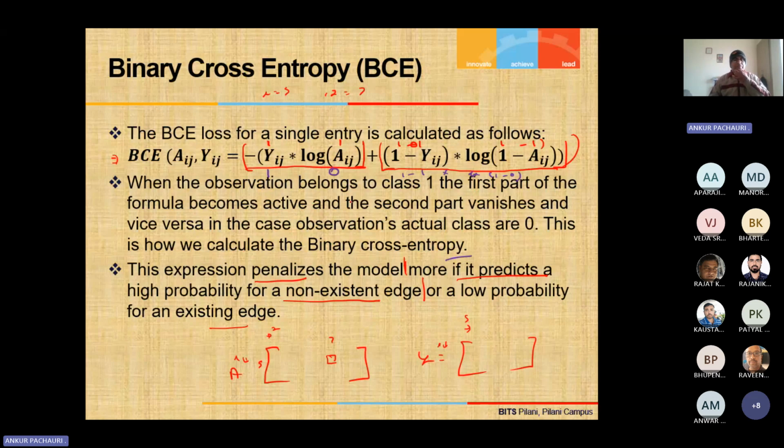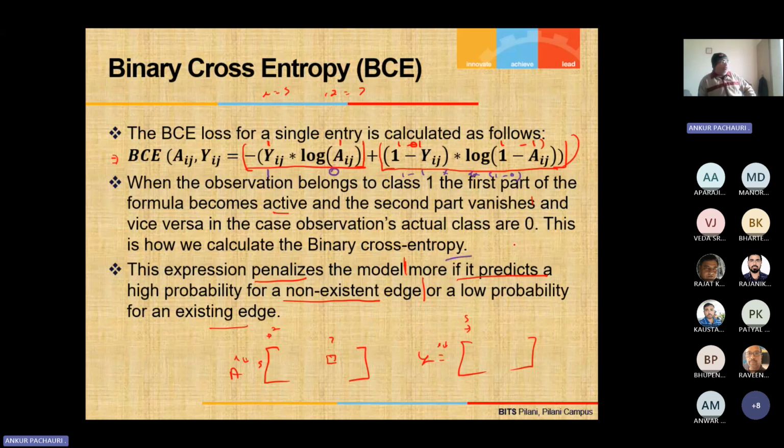So when the observation belongs to class 1, the first part of the formula becomes active and the second part vanishes because it becomes 0. Vice versa, if the second part becomes active, then the first part will be equal to 0.